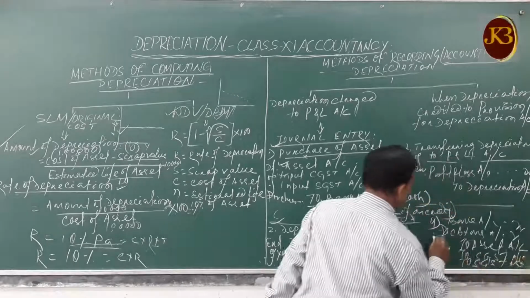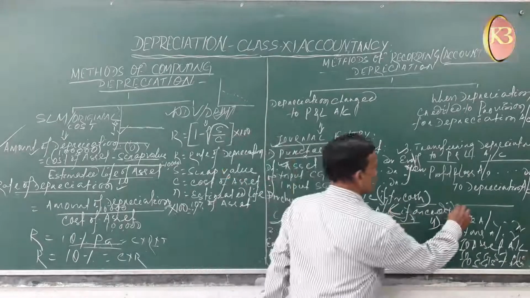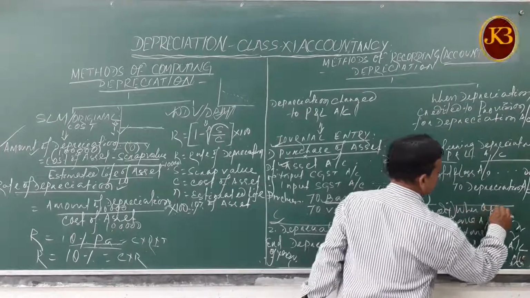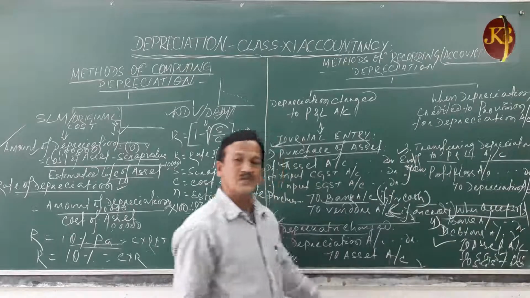This is the entry you do when the asset is sold. So this entry is to be done.